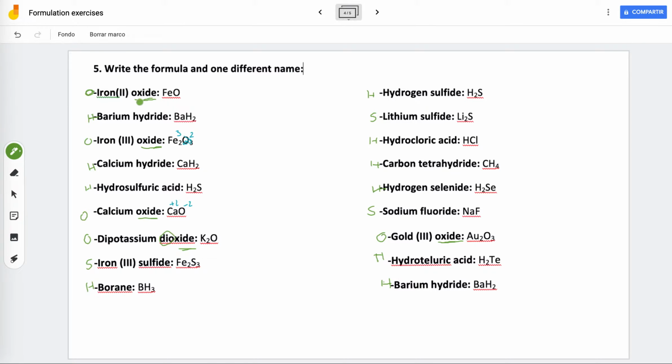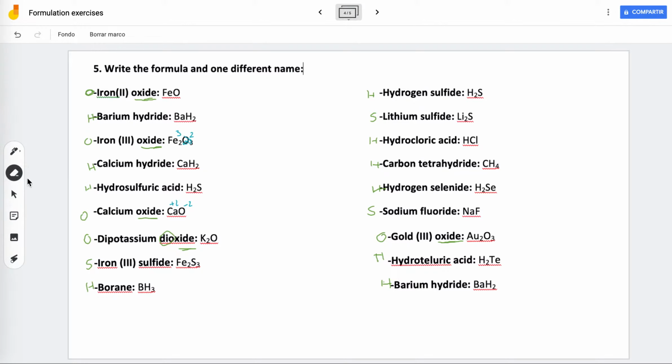Good. Iron 2, and oxygen 2. We will write here, and 2 divided by 2 is 1, and we don't write 1, yes? Okay. So these oxidation numbers are 2 and 2, but we don't need them.